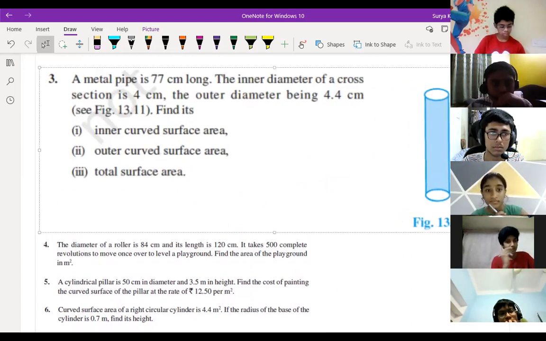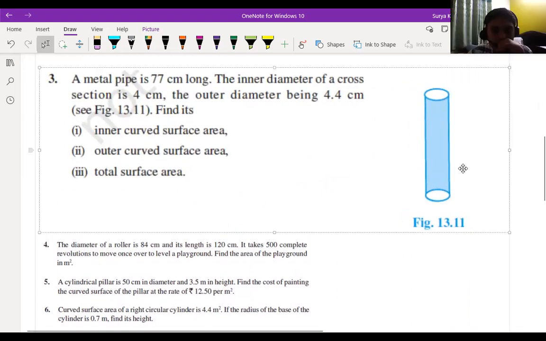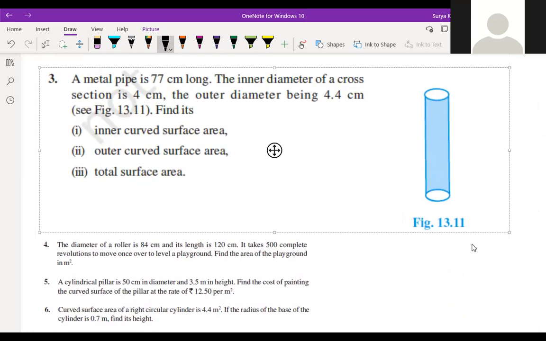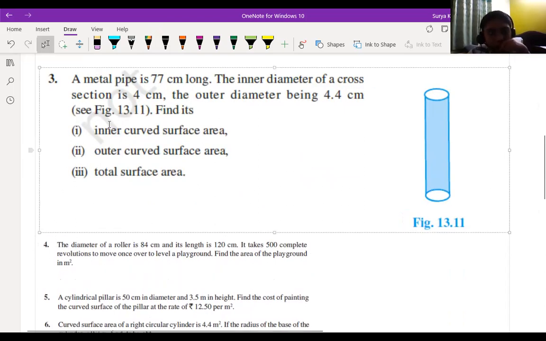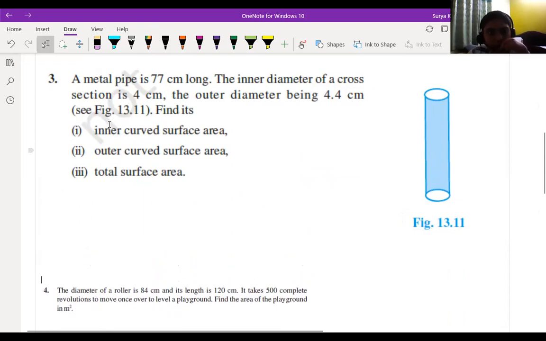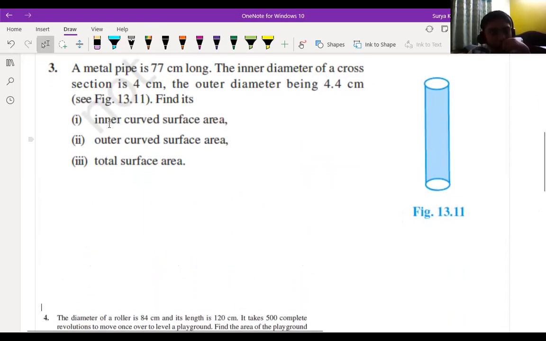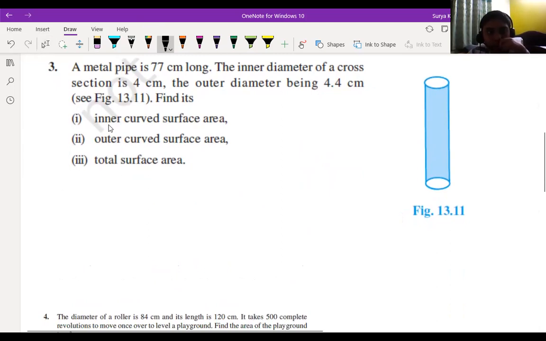In a curved surface area, I think it's CSA. What type of pipe is this? The pipe is 77 centimeters long. The inner diameter of the cross section is 4 centimeters and the outer diameter is 4.4. I think they're specifying inner and outer because we have to find CSA and TSA.